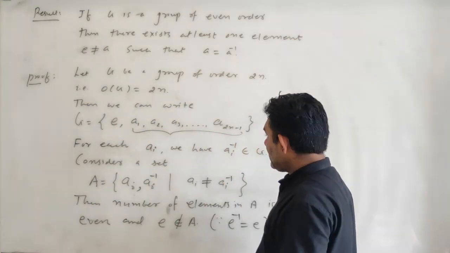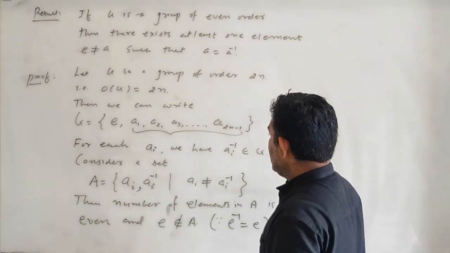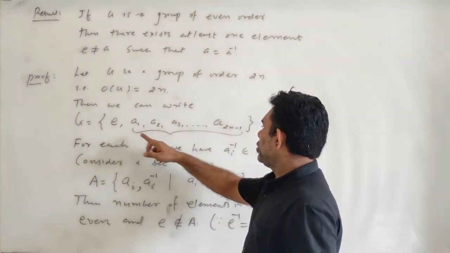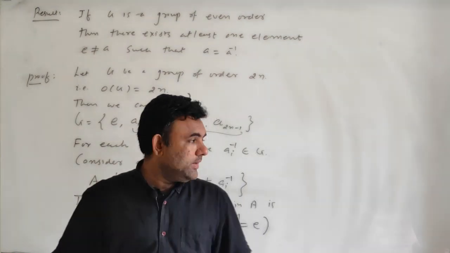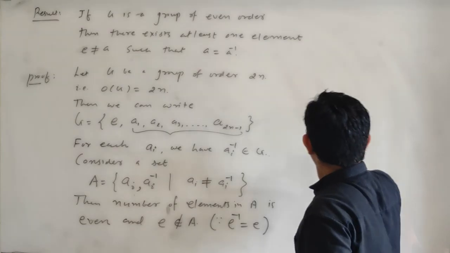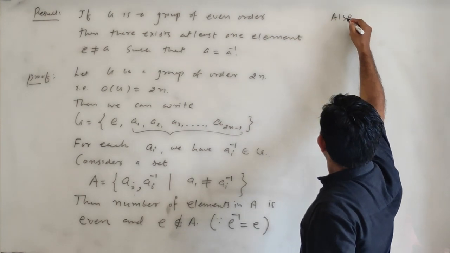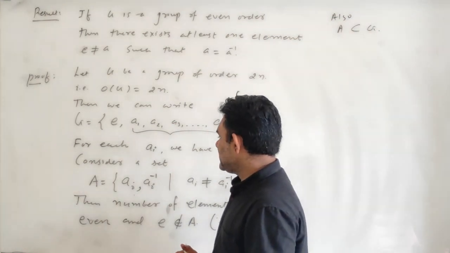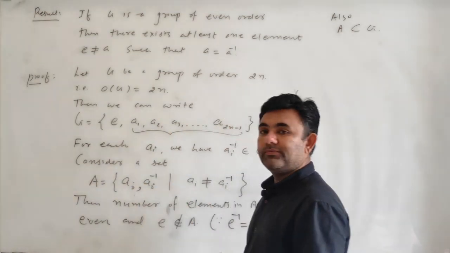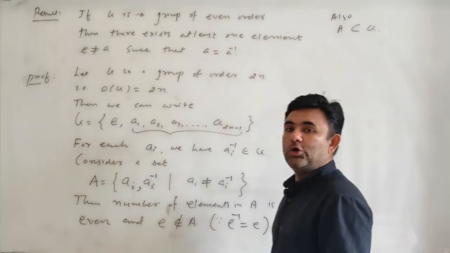Now you see, here we have in the group 2n elements, and A is a subset of G. All these elements in A are coming from G. In G I have total 2n elements.